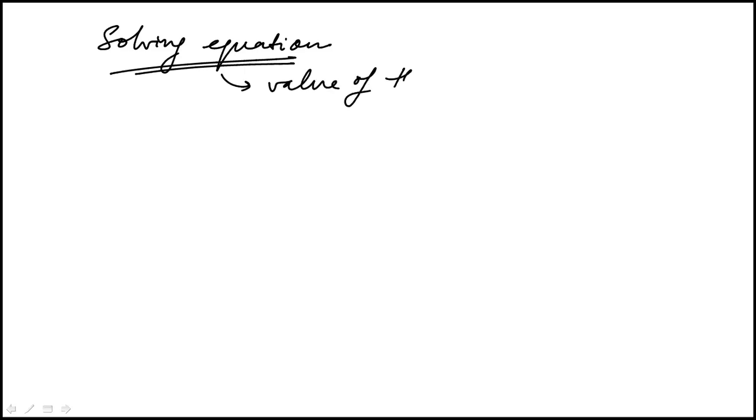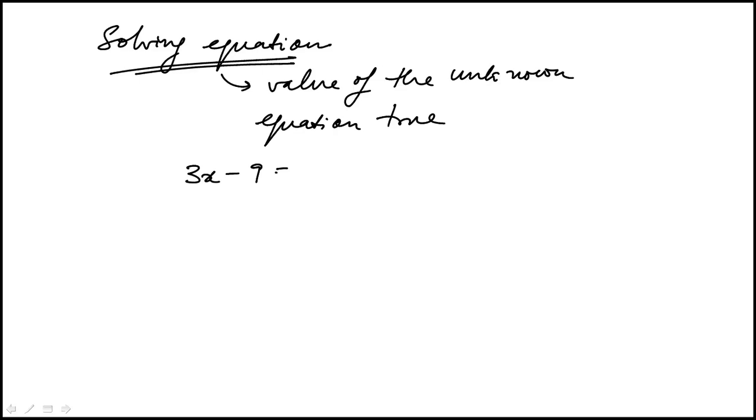Now, when it comes to solving equations, there are some specific types of equations they expect you to solve. Solving means to find the value of the unknown, like the example that we did earlier, finding the value of the unknown that makes the equation true. So one example could be 3x minus 9 is 12, and the question is, what is x?